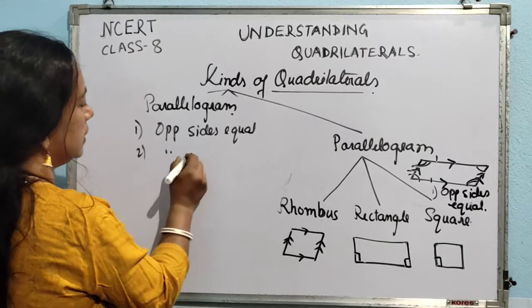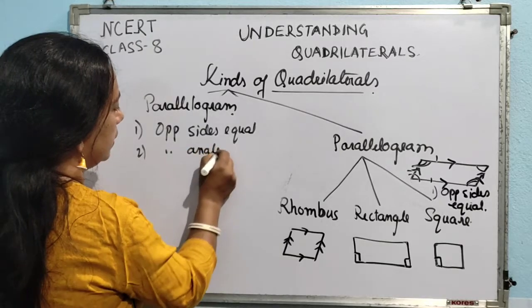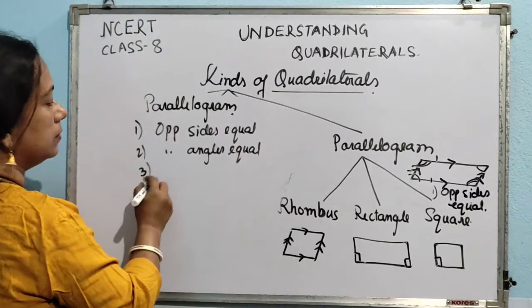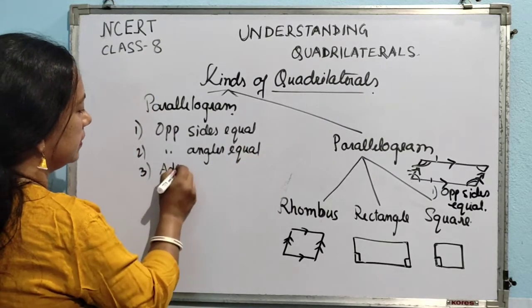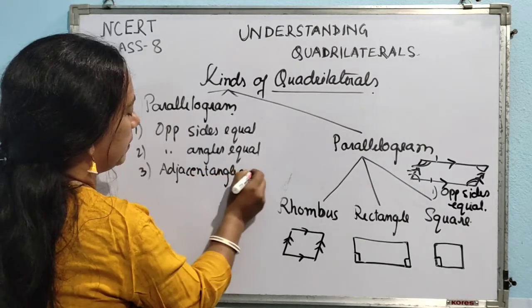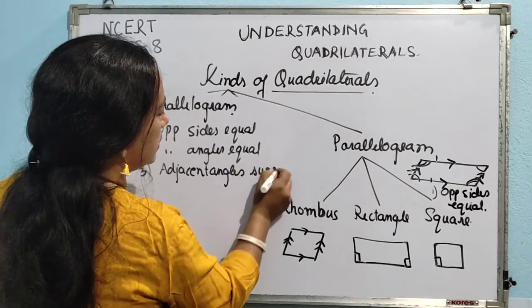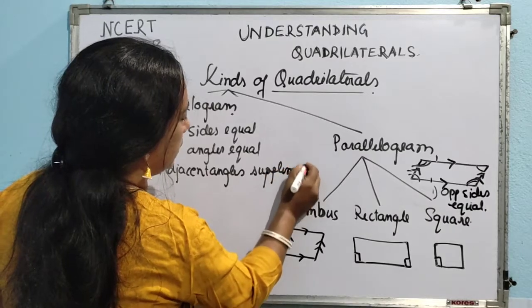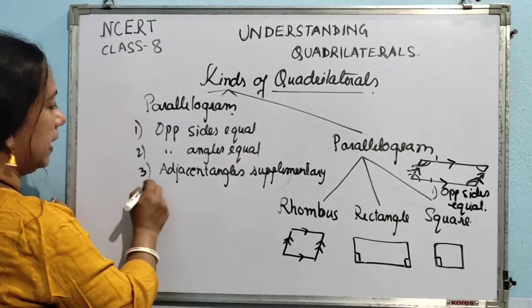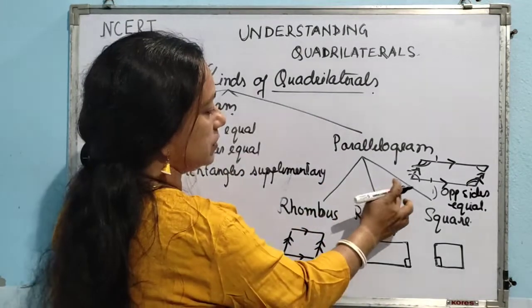Number 2, opposite angles equal. Number 3, adjacent angles are supplementary. Supplementary means the sum of the two angles will be 180 degree. And number 4, diagonals. But first, why am I saying this one, supplementary?